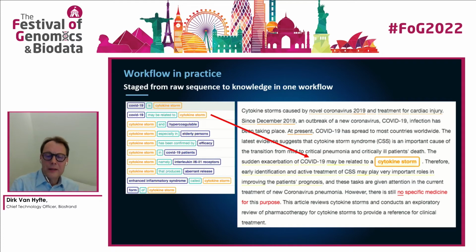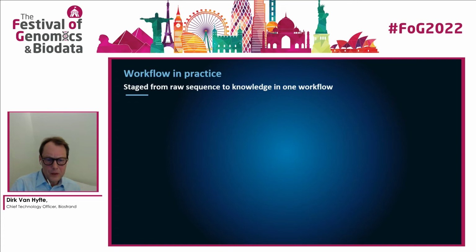Apart from this negation, we also have attributes that are related to, for instance, temporal expressions, dosages, dosage schemas, and so on. So it's a very rich way to understand text.